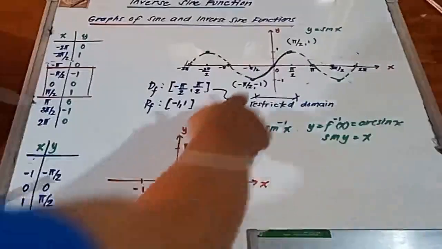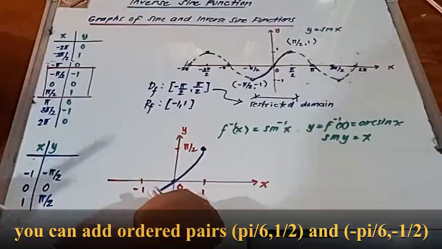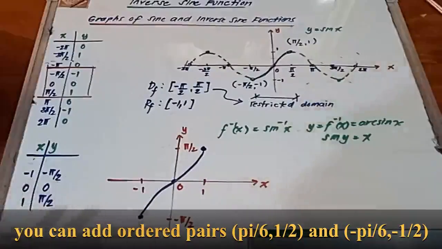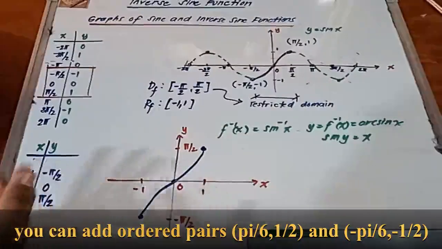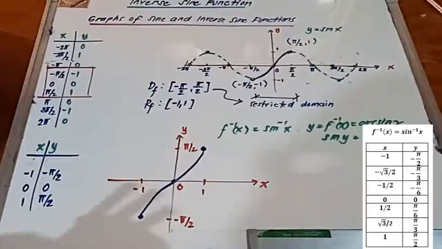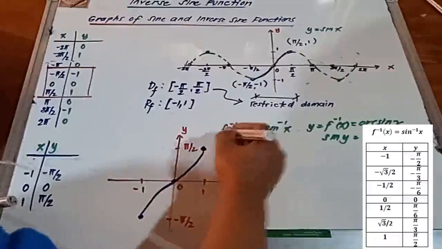So, magpa-plot din natin dito yung ating f of x or sine function with a restricted domain. Mapapansin natin, 1 to 1 siya. Reflections yung kanilang graphs dun sa ating y equals x. Okay? So, plot natin muna yung points nito.